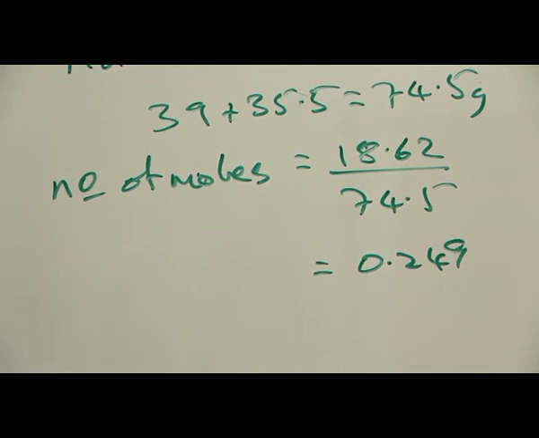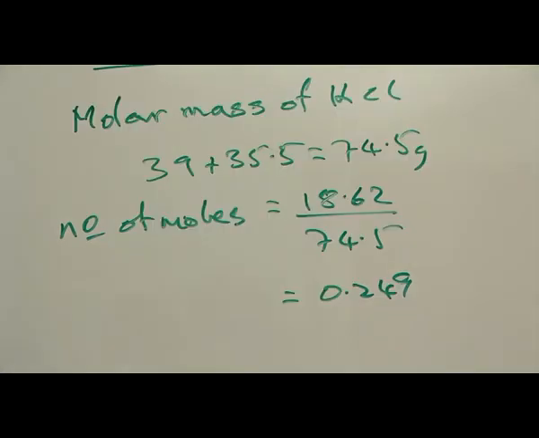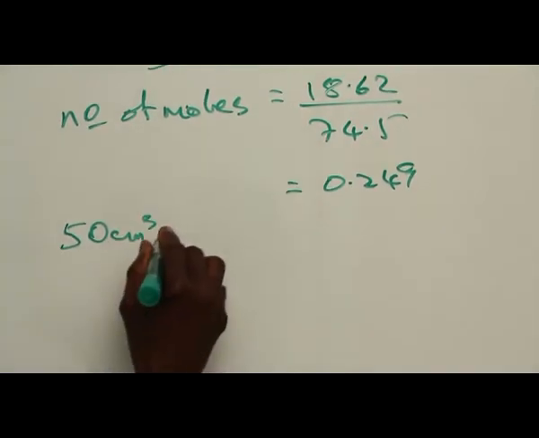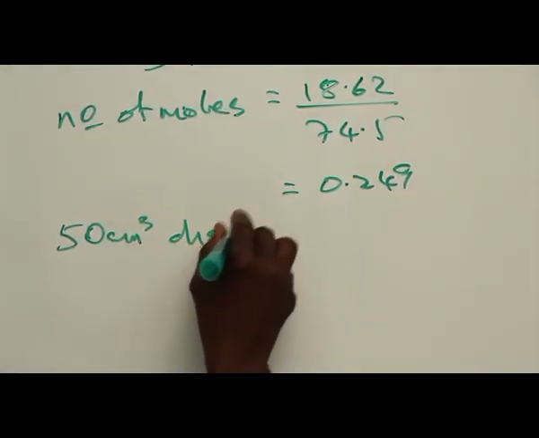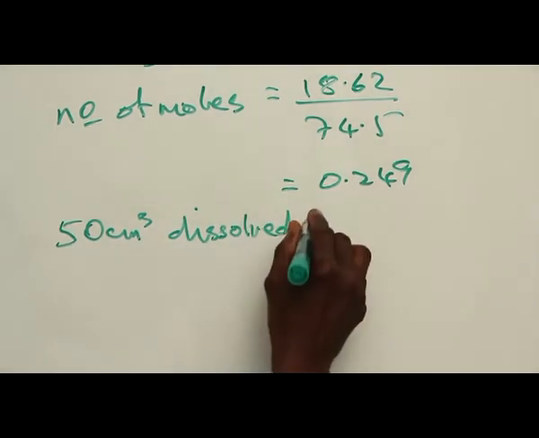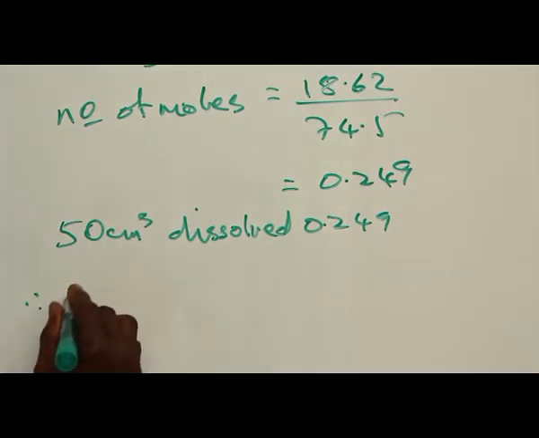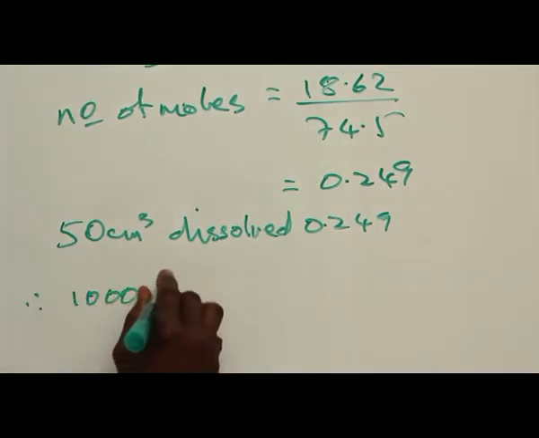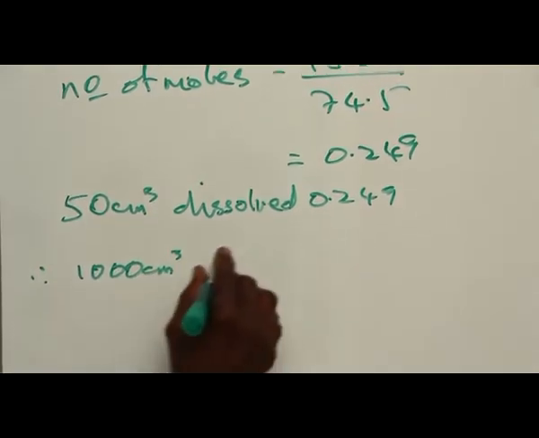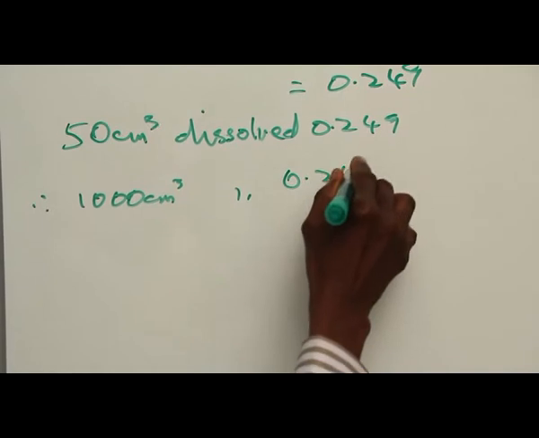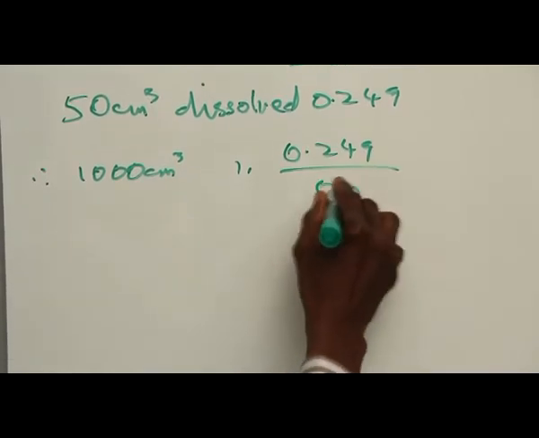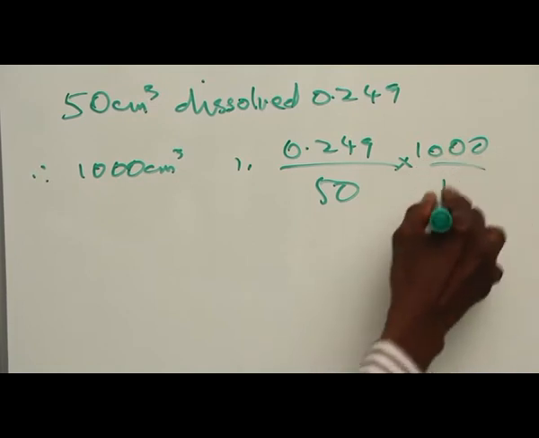We now calculate the number of moles that dissolve in 1 dm cube or 1000 centimeter cube of water. Now 50 cm cube of the solvent dissolve 0.249 moles of the solute. Therefore, 1000 centimeter cube of the solvent dissolve 0.249 divided by 50 multiplied by 1000.